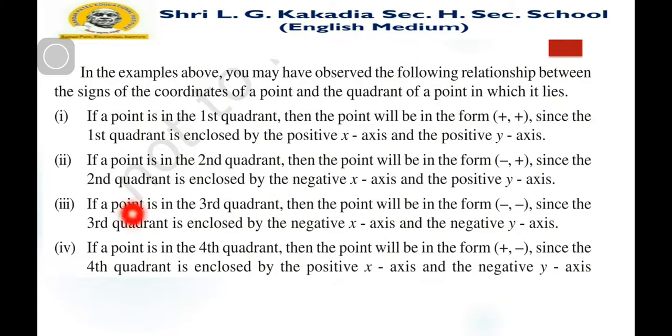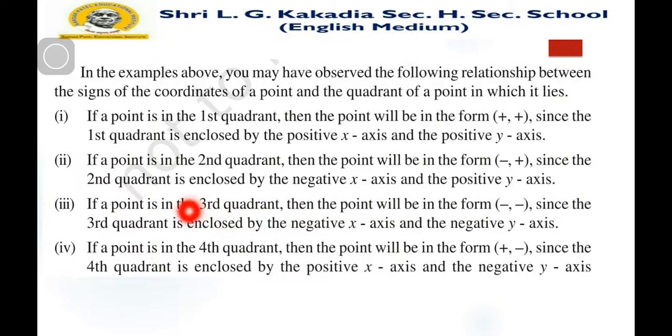As well as in quadrant 3, the point will be of the form negative x and negative y. Means if the given point P has x negative and y negative, both coordinates negative, then it is in the third quadrant.